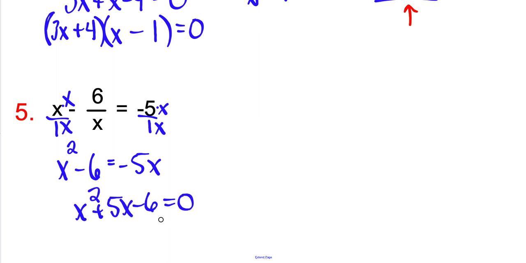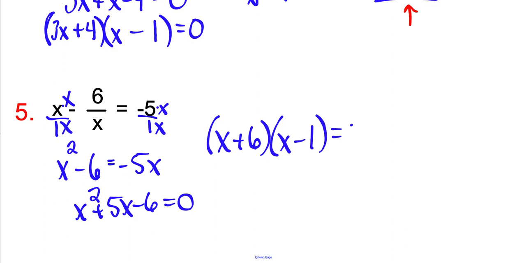And then factor. So two numbers that multiply to 6 and add to 5, that would be a 3 and a 1, or excuse me, 3 and 2, or a 6 and a 1. And it looks like the 6 and the 1 might be the combination we want. So we want a positive 6 and a negative 1.